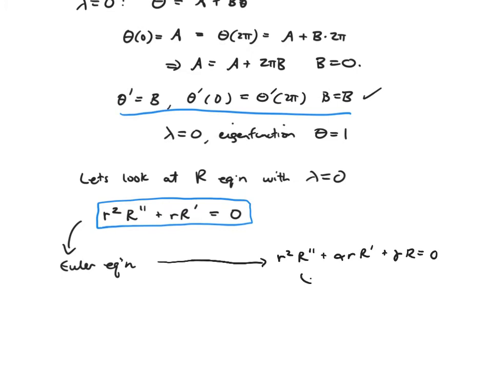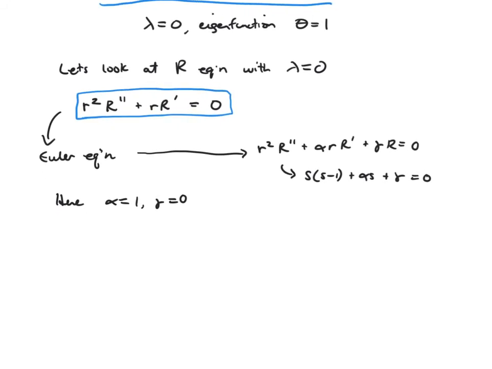This gives the associated characteristic equation. I'll use S: S minus 1 plus alpha S plus gamma equals 0. And so in the case up here, we have alpha equals 1 and gamma equals 0.